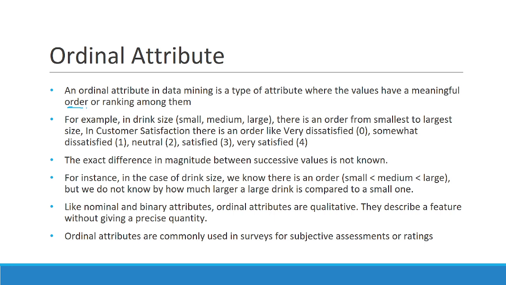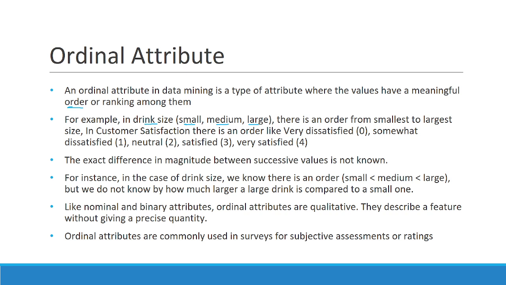We will not have any numeric value, but the order in which these attribute values are represented is important. For example, drink size: small, medium, large. These are also labels, but this order matters.